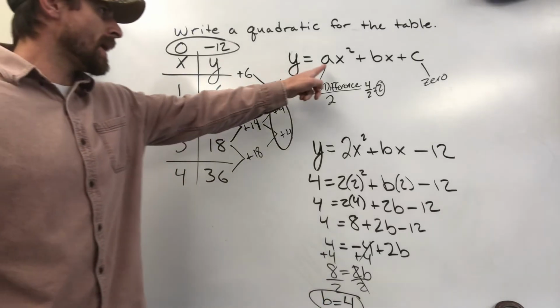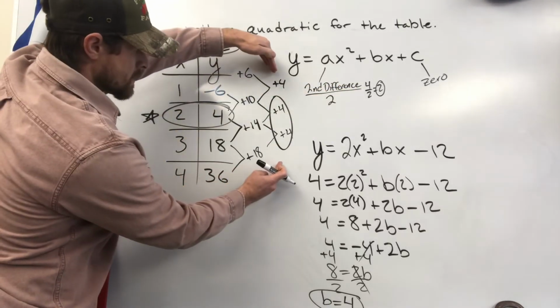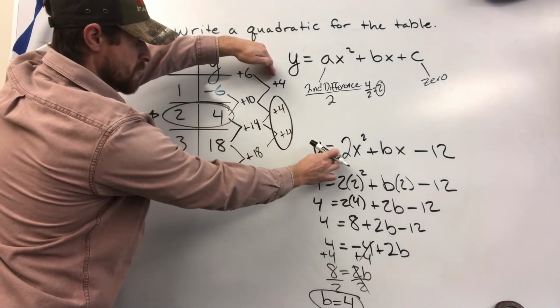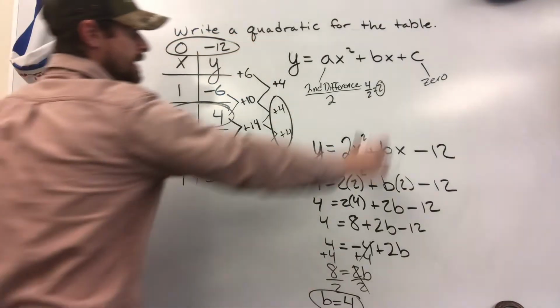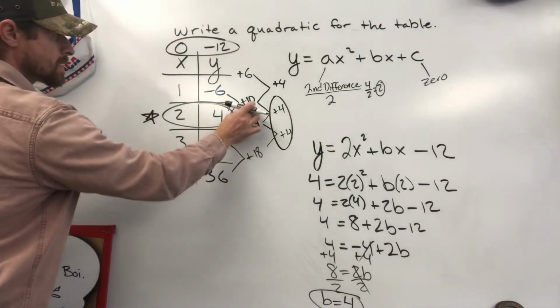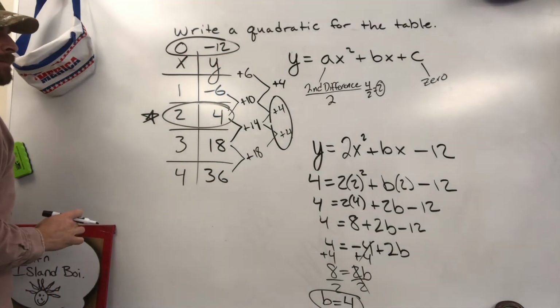So I already know what my a is. I found my second difference, and then cut that number in half. That gave me the 2. How did I get the c term? Well, I had to work backwards following our consistent pattern to find negative 12 as my 0 term.